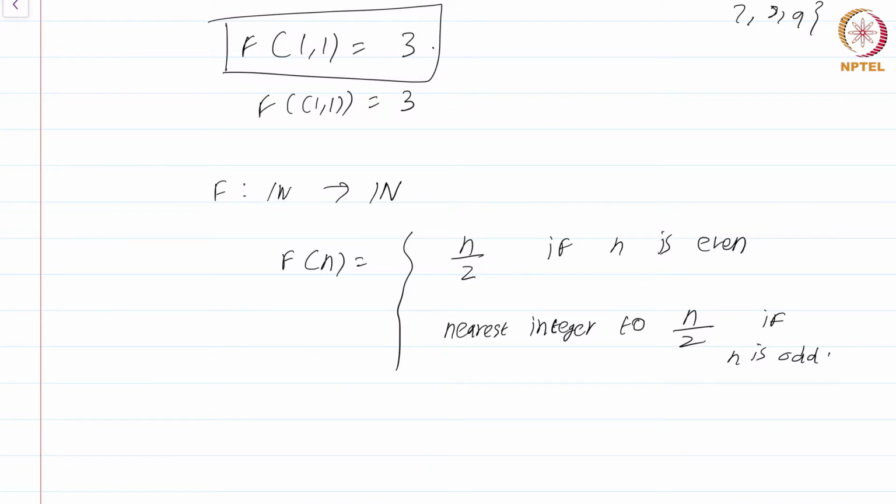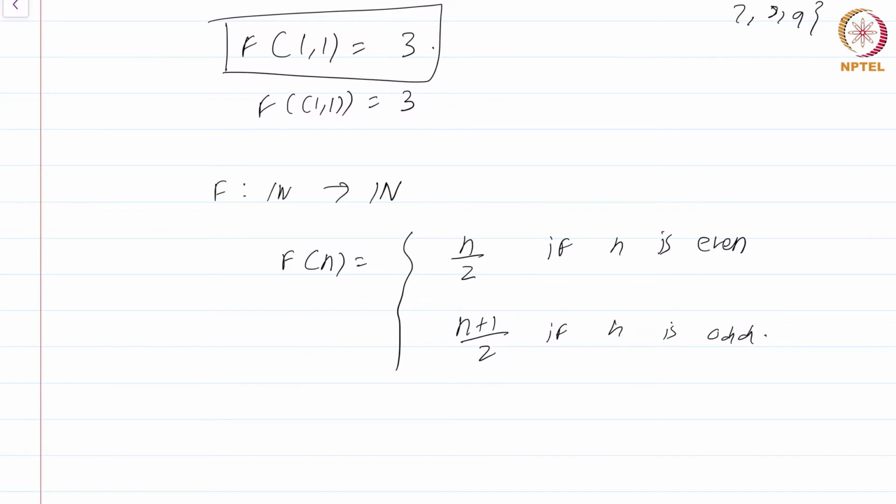Both are equally near, so we have to make a choice. Here is an example of a function that's not well defined. Given an element in the domain, it is not clear where that element is getting mapped to. So we can improve this description and just write n plus 1 by 2 if n is odd. This is a proper function. In fact, it rounds up 1.5 to 2. So 3 will get mapped to 2.